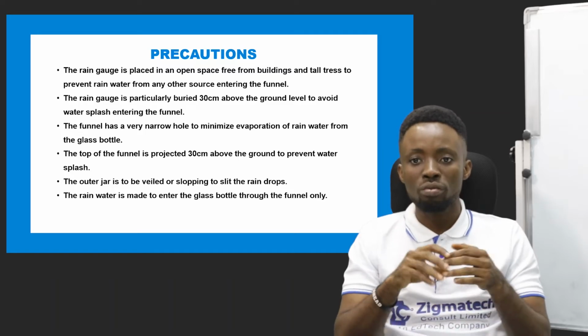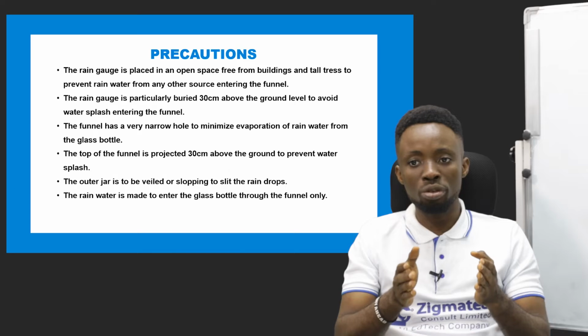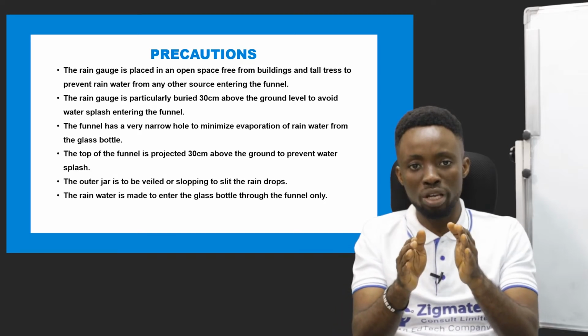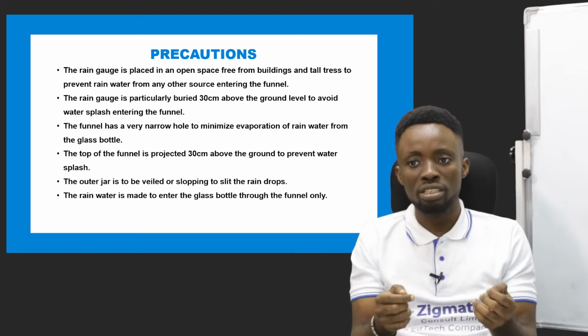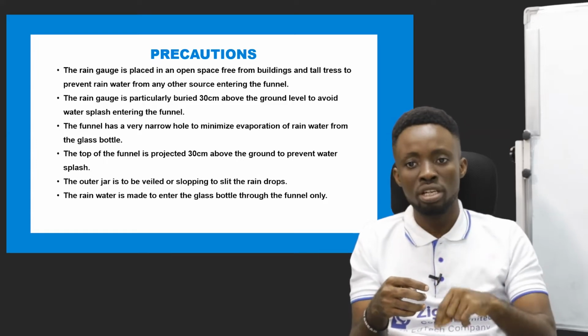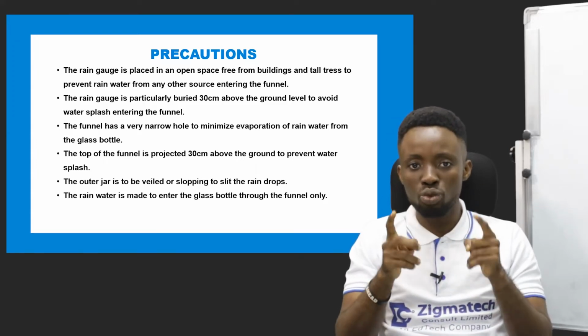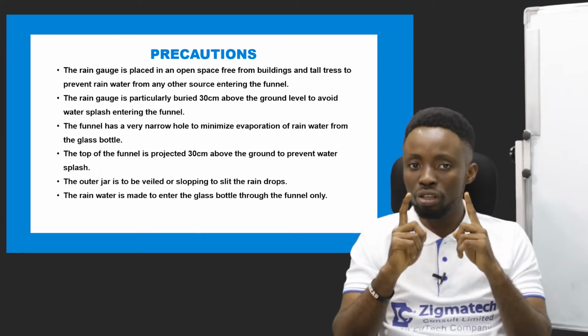And also, the outer jar is meant to slope, so that the raindrops can easily sink inside. Water is only made to enter the rain gauge through the funnel.